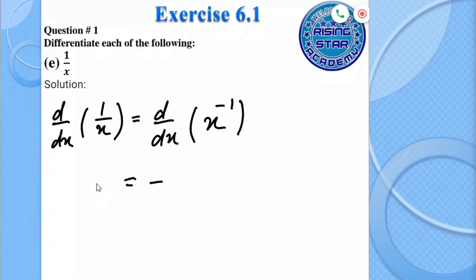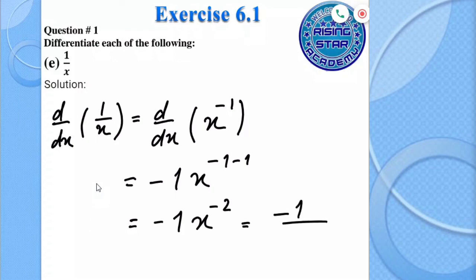So now apply the power rule, minus 1 x to the power of minus 1 minus 1. So minus 1 x to the power of minus 2. Or you can also write minus 1 over x to the power of positive 2 when you take the x power minus 2 in the denominator.